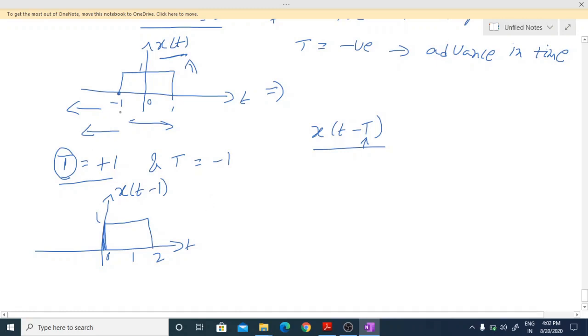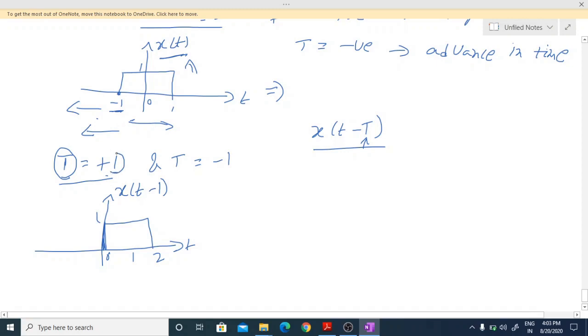In our original signal, the signal starting position is -1. Whenever T is +1, that means T is positive, the given signal is a delayed signal. Delay means the signal starting position has to move towards the right side. How many positions do we shift?